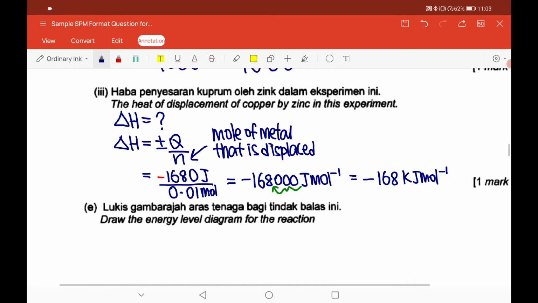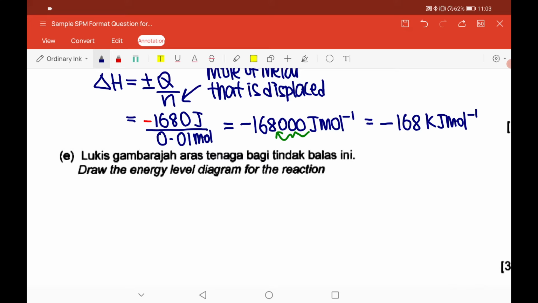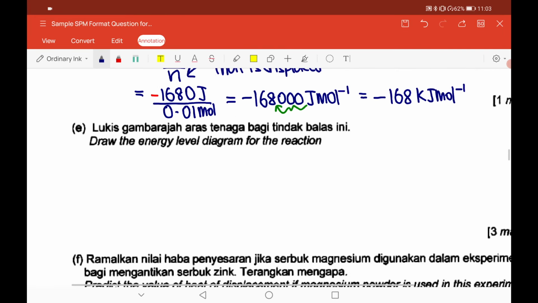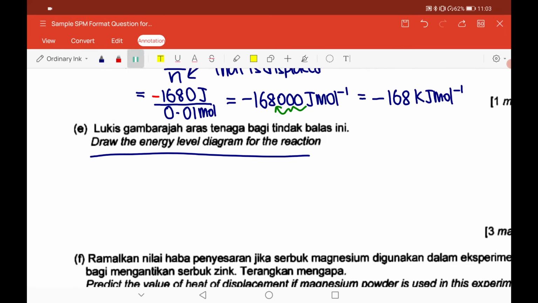So the next one, now we need to draw the energy level diagram. Like what I said in the first lesson, you must know how to draw the energy level diagram. The energy level diagram is the staircase. How to draw the staircase diagram? First, draw the y-axis and label it as energy.